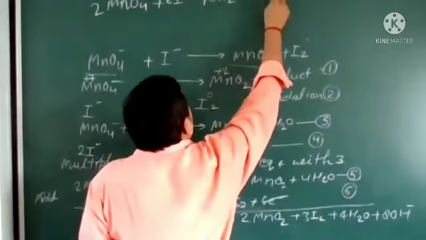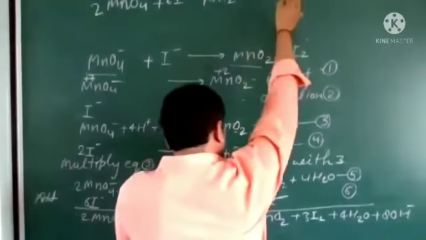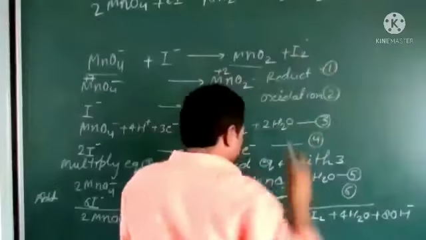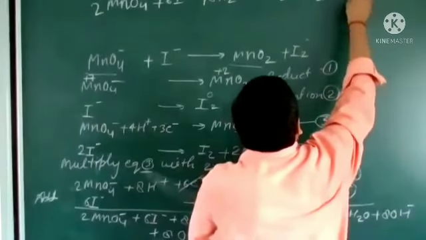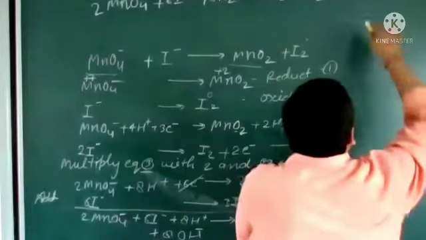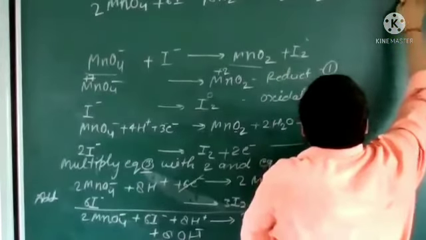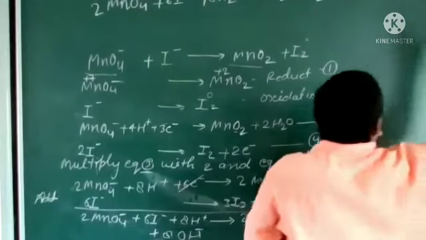So what I wrote here gives out 2 MnO2 plus 3I2 plus 4H2O plus 8OH minus. Got it?